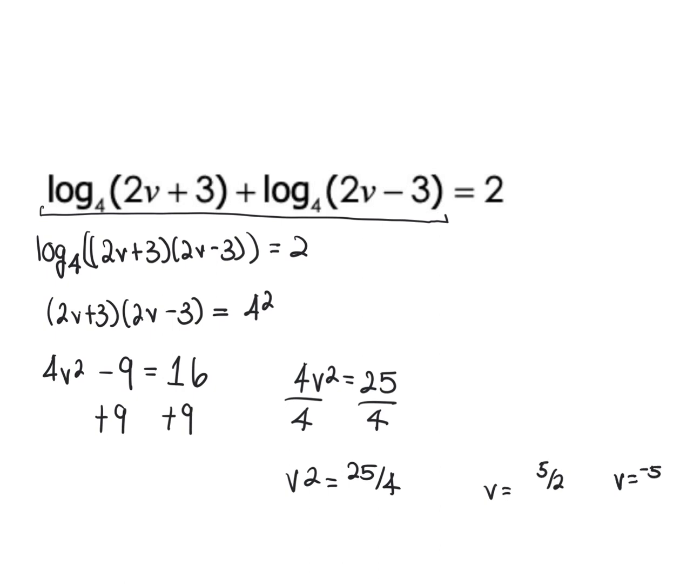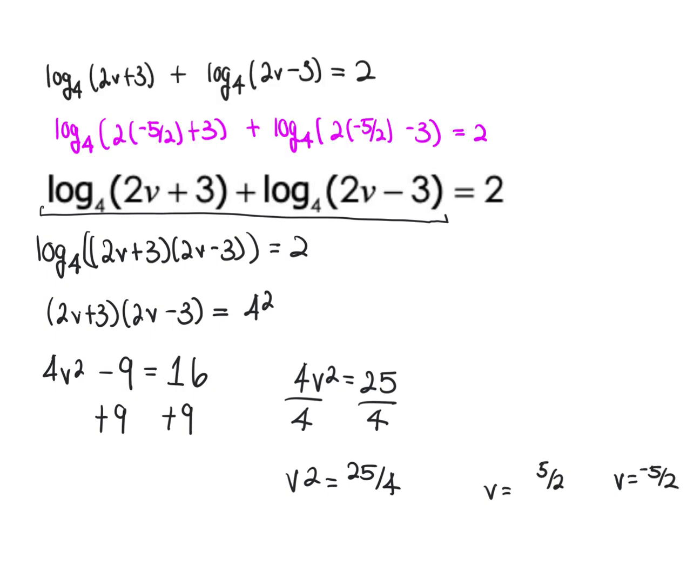All right, so we can check this. So when we plug in negative 5 halves, what we end up getting is log base 4 of negative 2, and then we get log base 4 of negative 8, and those are extraneous solutions.